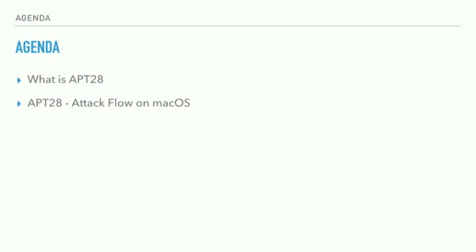As an agenda for the presentation, first we will take a look at APT28 on all platforms, and then we will try to follow the APT28 attack flow on macOS. After that, we will dissect and analyze the XAgent component of this attack, starting with the communication between the agent and the CNC servers.